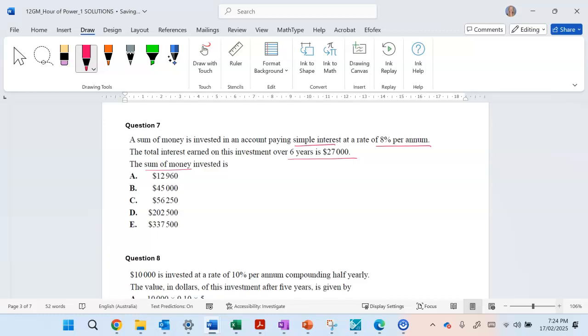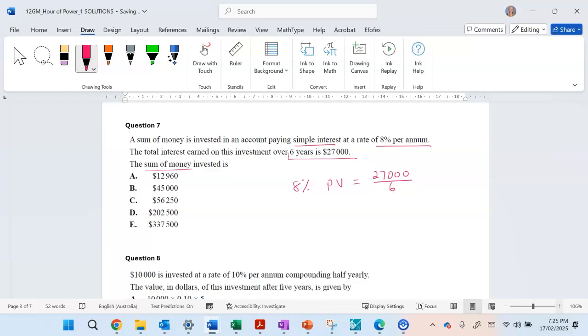All right, so we've got 6 years is 27,000. It is simple interest, so it's the same amount each year. So basically we're doing 8% of our principal value is equal to 27,000 divided by 6, right?